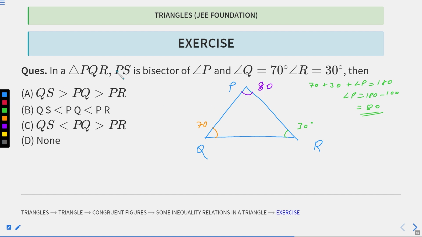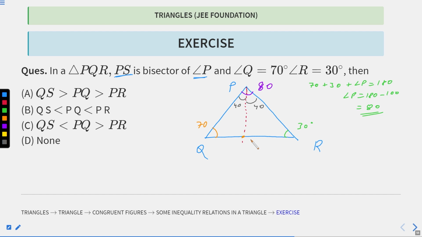Now, PS is a bisector of angle P. So if this is my bisector, then the angle over here is 40 degrees, and the angle over here is also 40 degrees. You have to find out which option is the correct option. From the diagram, what is our QS?